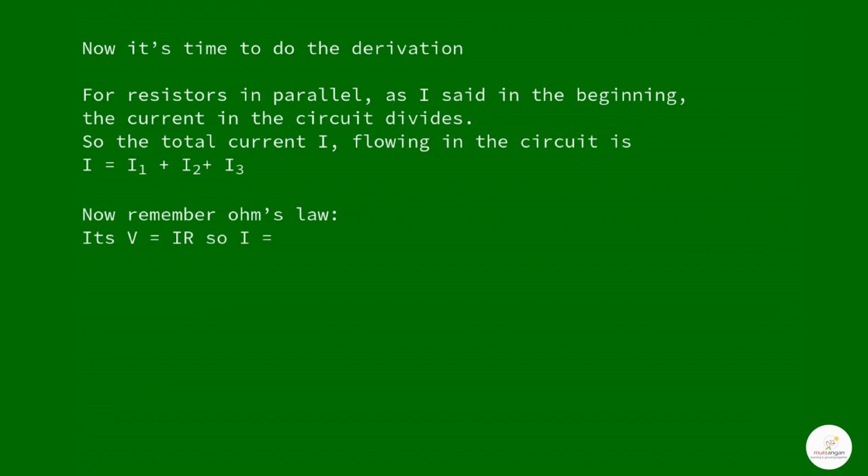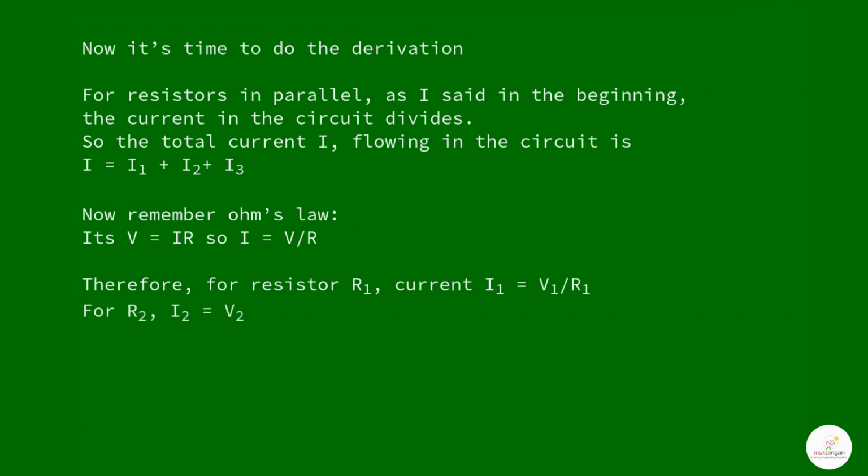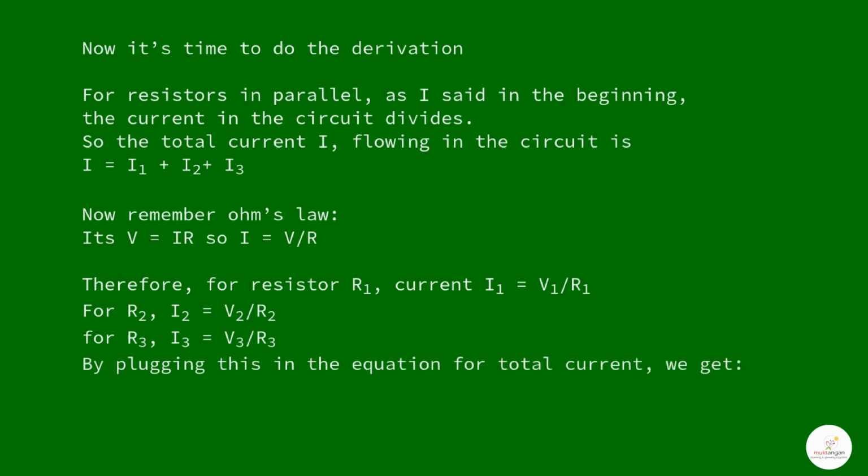So I will be equal to V divided by R. Therefore, for resistor R1, current I1 will be V1 over R1. For R2, it will be V2 over R2. For R3, it will be V3 over R3. By plugging all this information in the equation, for total current we get V over R is equal to V1 over R1 plus V2 over R2 plus V3 over R3.